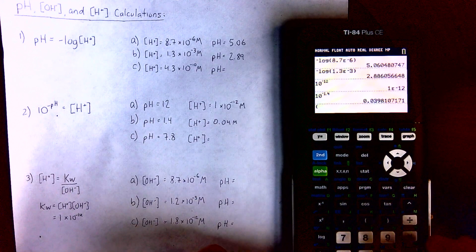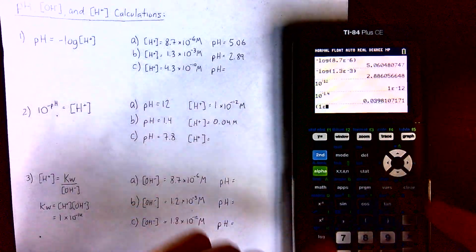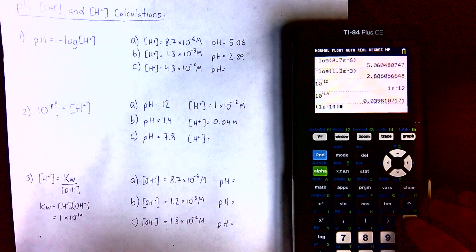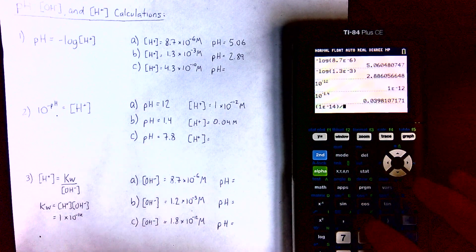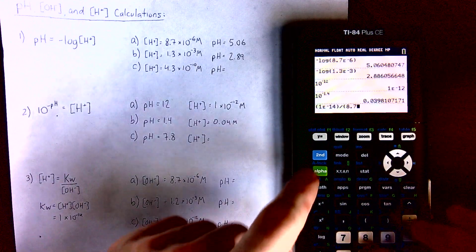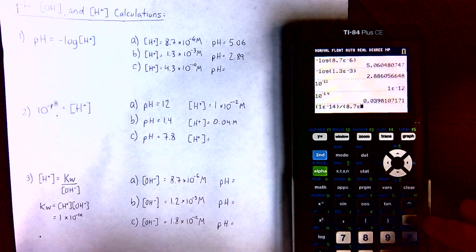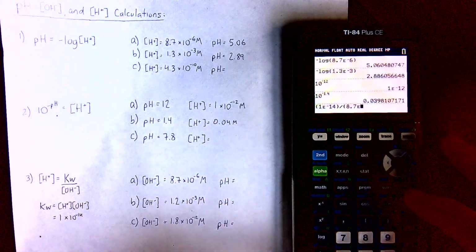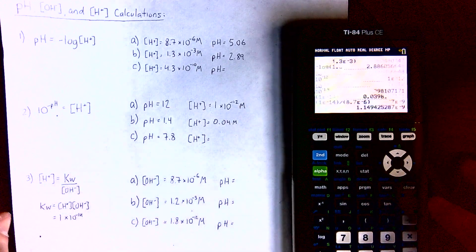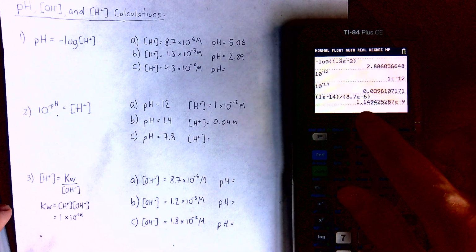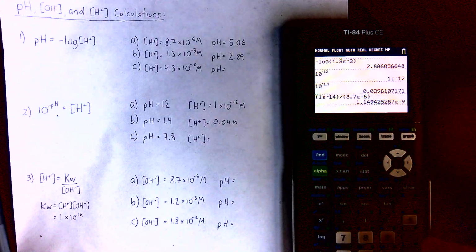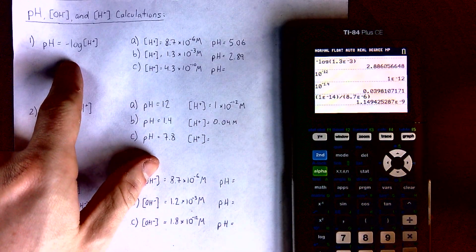Kw is 1 times 10 to the negative 14. And we're going to divide that by the concentration of hydroxide here, 8.7 times 10 to the negative 6. And we get an H plus of 1.15 times 10 to the negative 9, but we want the pH.